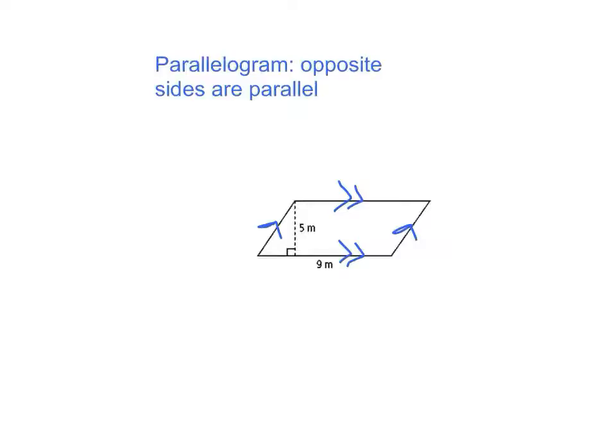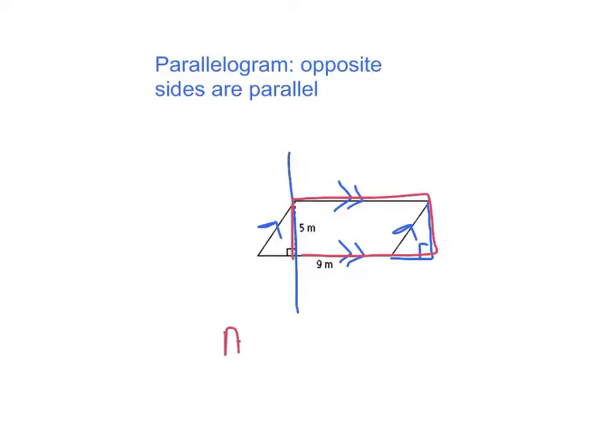Okay, so since this is a parallelogram, the main idea is that we could think of this in terms of a rectangle. If we were to cut off this triangle right here and then paste it over here, then it would fit exactly right there. If we were to do that, then we would have this rectangle here with dimensions of 5 and 9.